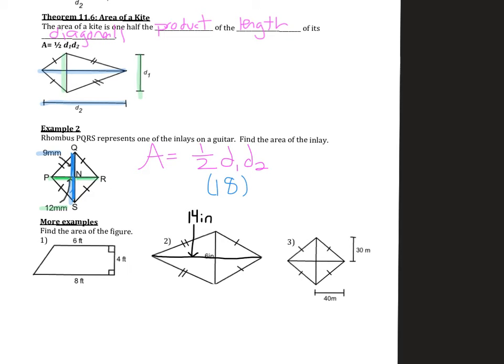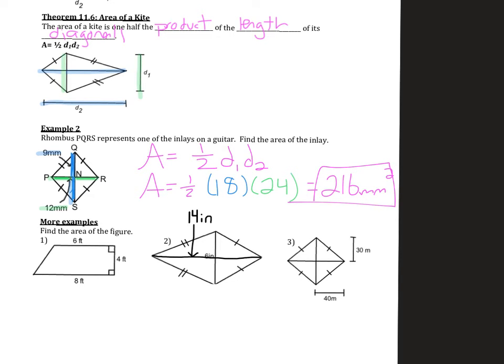So I need to double that to get this distance factored in as well. So D2 is actually going to be 24. So we're still using some of the properties of rhombi that we learned way back in chapter 9, I think it was. So if I do 1/2 times 18 times 24, that's going to give me an area of 216 millimeters squared.